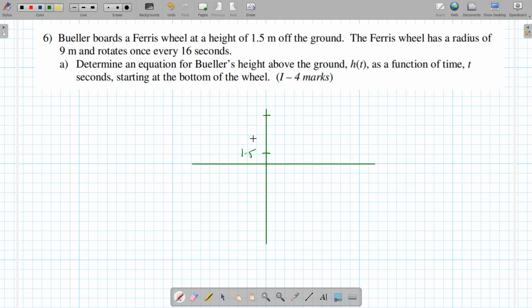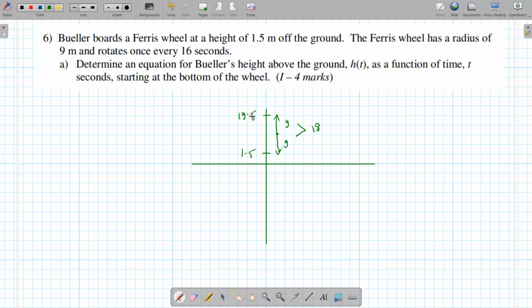The radius is 9, right? So the Ferris wheel looks like this, you see? From 1.5, the maximum value is going to be 19.5 because the diameter of the Ferris wheel is 18. So there's 9 units here, 9 units here. Total is 18. So just add 18 to 1.5 to find the maximum value.